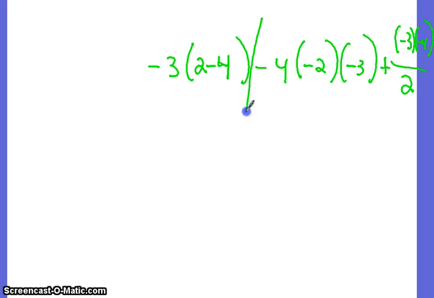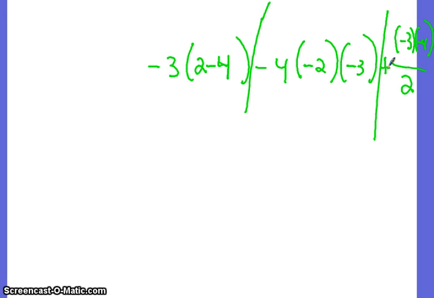So if you draw little slashes through, you can see where you could tackle each individual section first before you attempt to solve it. So these are the 3 places I can divide this up, and they're separated by this negative sign and this positive sign. Okay, so I can separate them that way.